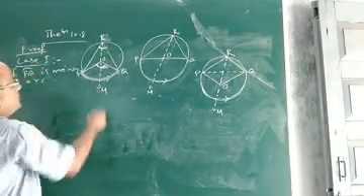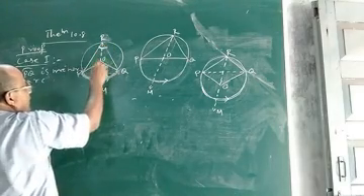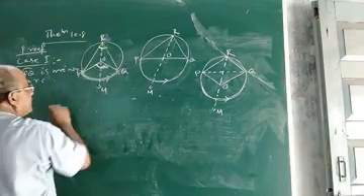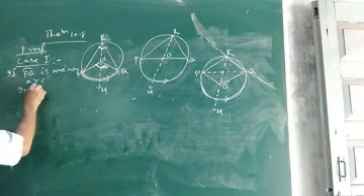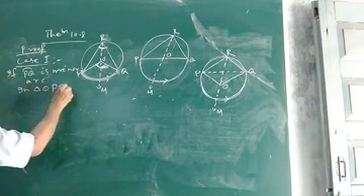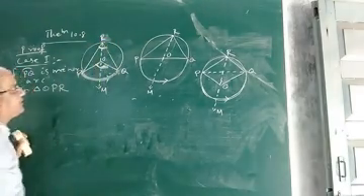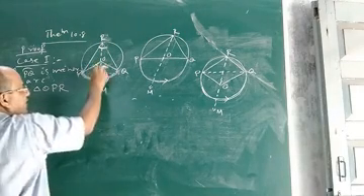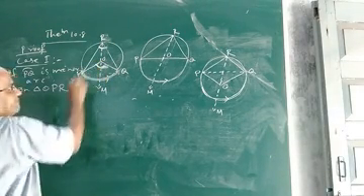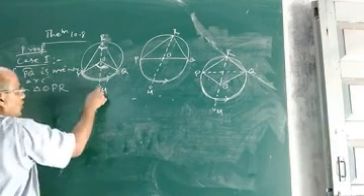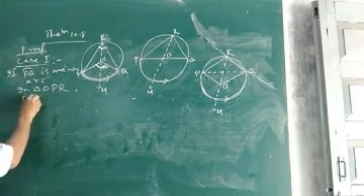Let us see how. Look at triangle OPR. In triangle OPR, this angle is exterior. Which angle? Angle POM.